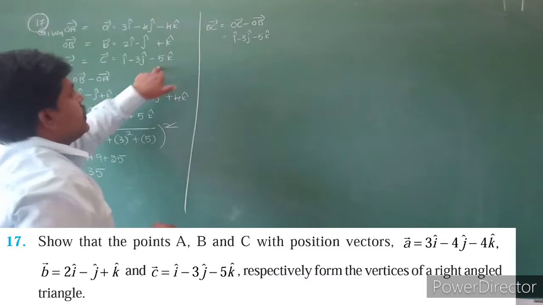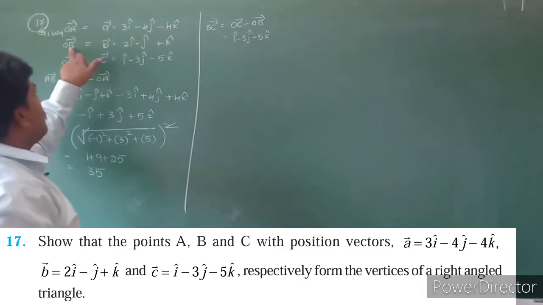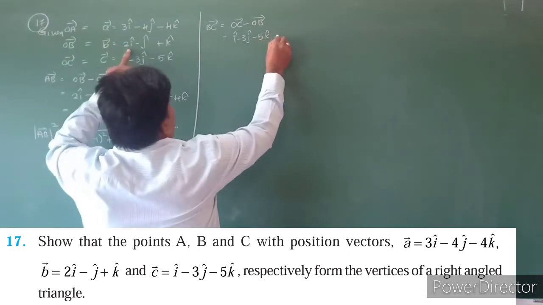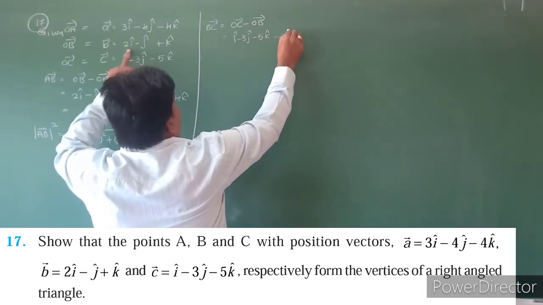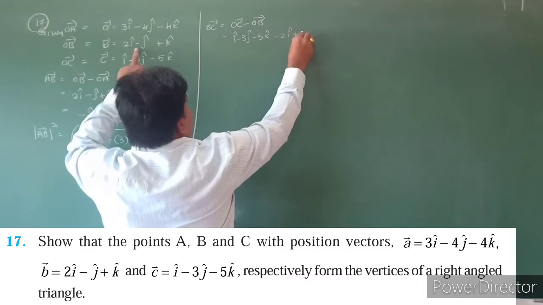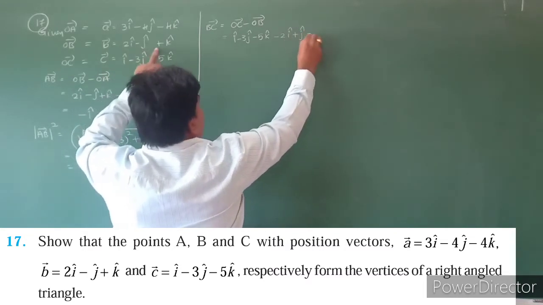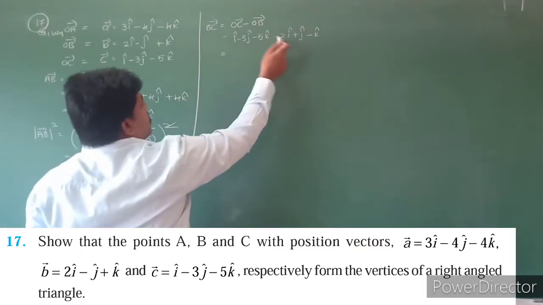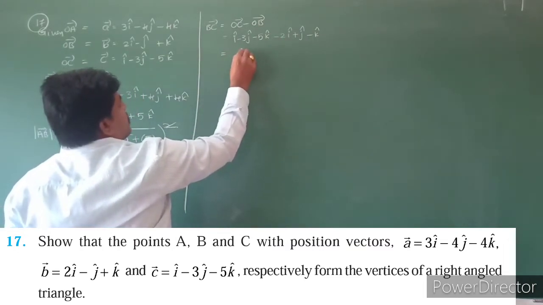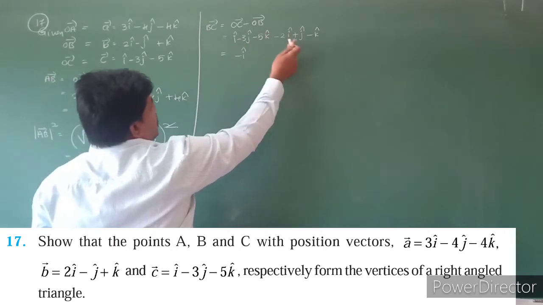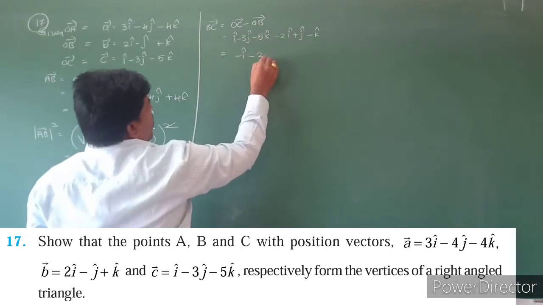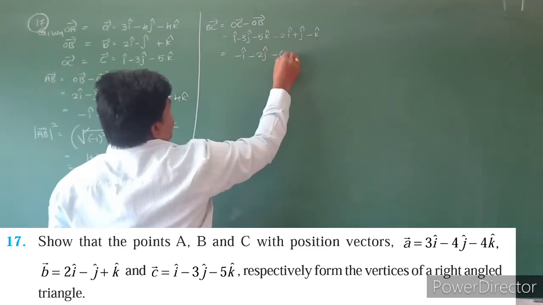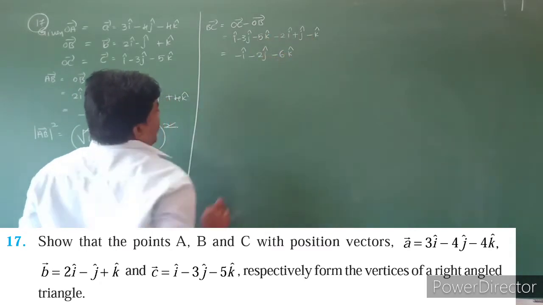Minus OB bar vector, multiplying with the minus here, we will get minus 2i minus j plus k. So i minus 2i is minus i cap, minus 3j minus j is minus 4j... minus 5k minus k, that is nothing but minus 6k cap.